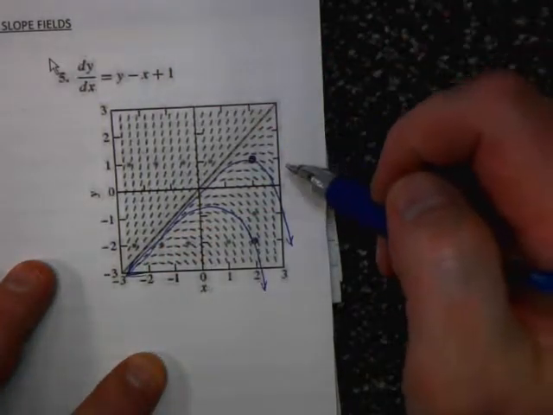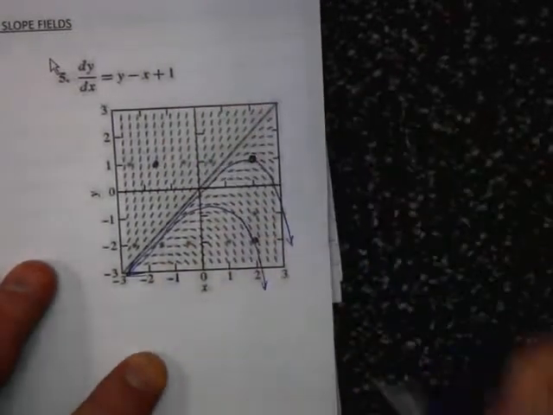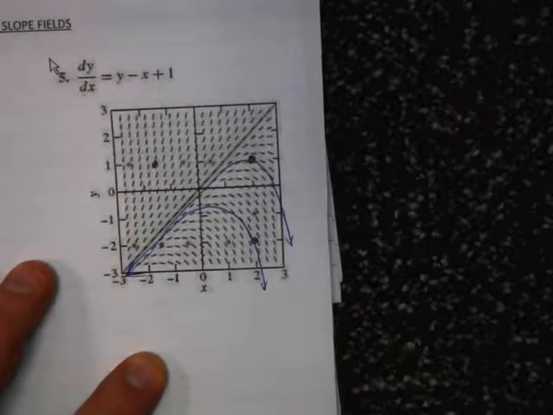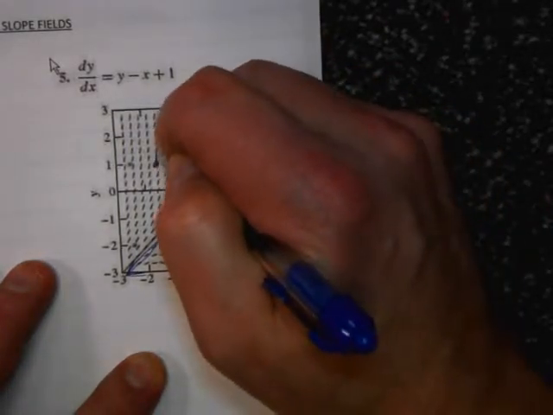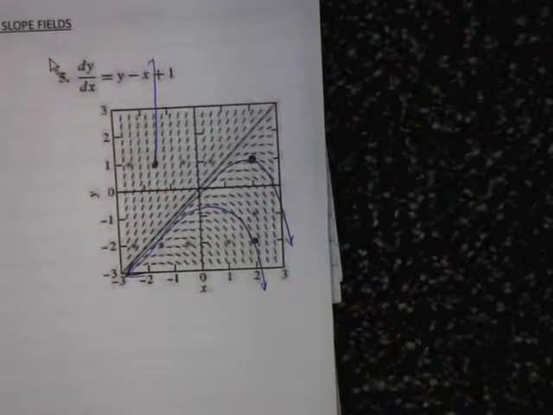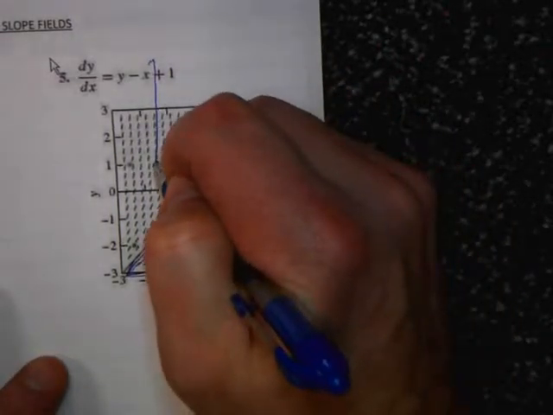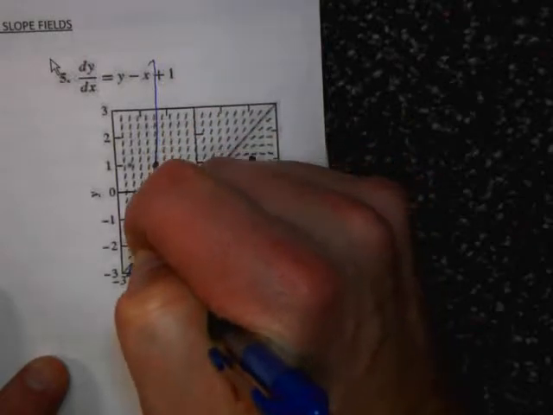And how about this point over here? Well, from this direction, it looks like it's going just about straight up, isn't it? How about if I go towards the left? Kind of curving down.